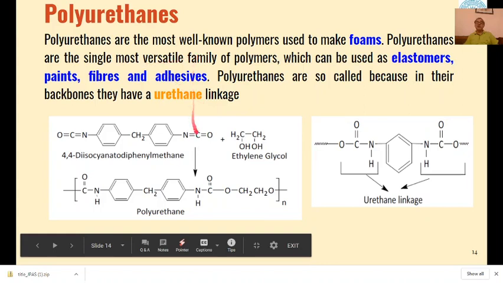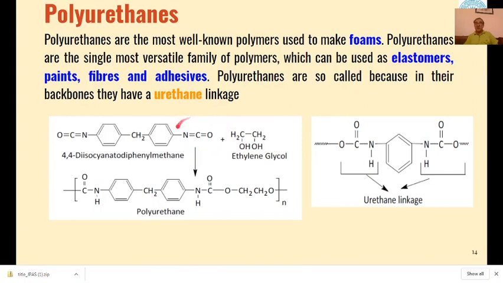And polyurethanes can be synthesized from diisocyanates. This is the isocyanate group, present on both sides of the molecule. Diisocyanates react with glycols, and this oxygen of the OH will attack this carbon, and this carbon-nitrogen bond will become a single bond, and this hydrogen will be transferred to this nitrogen on one side.